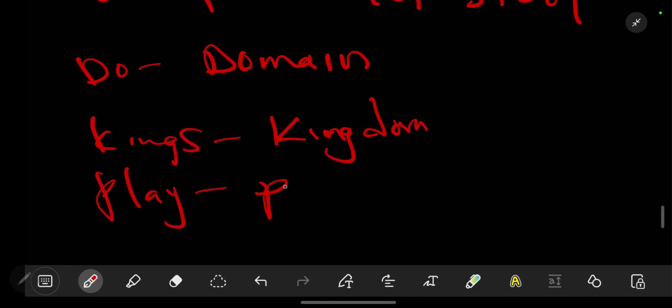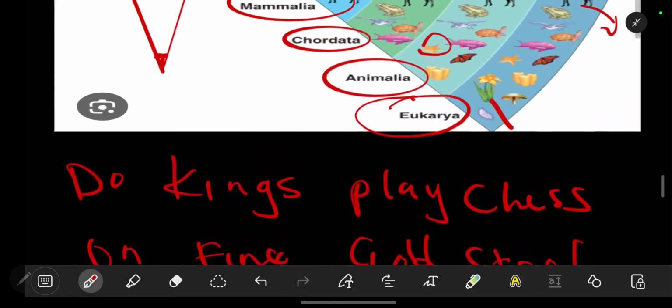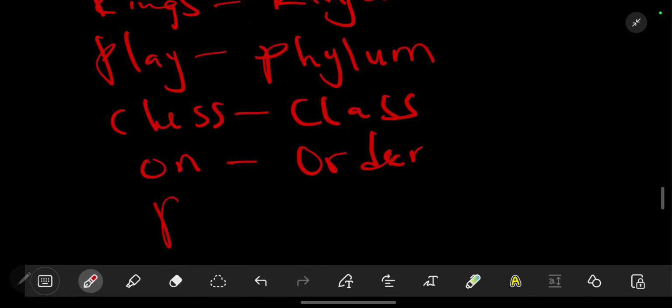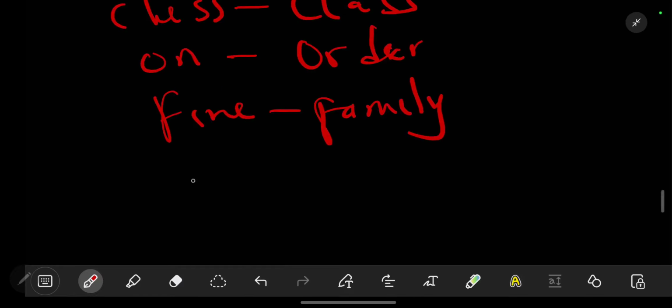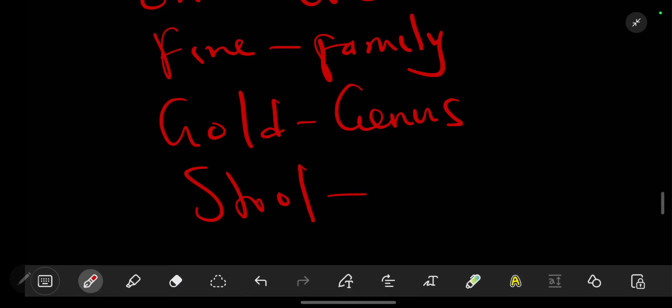Play, we have phylum. Chess, we have class. On, we have the order. Fine, we have family. God, we have genus. Stool, we have species.